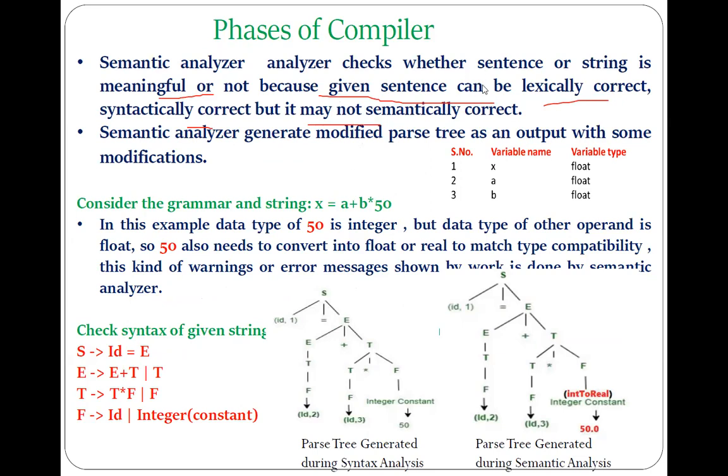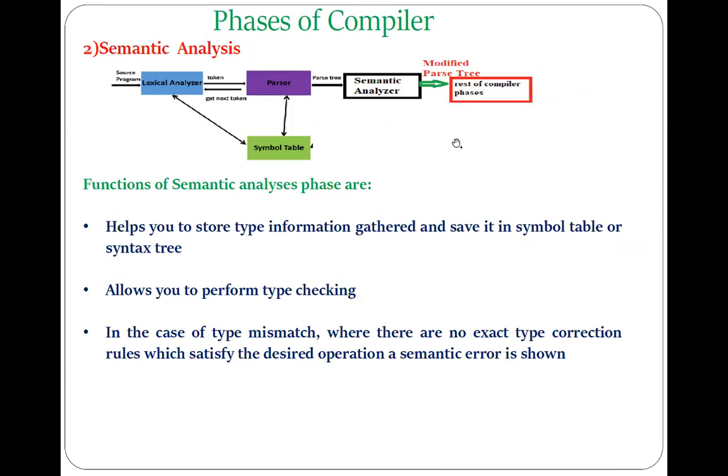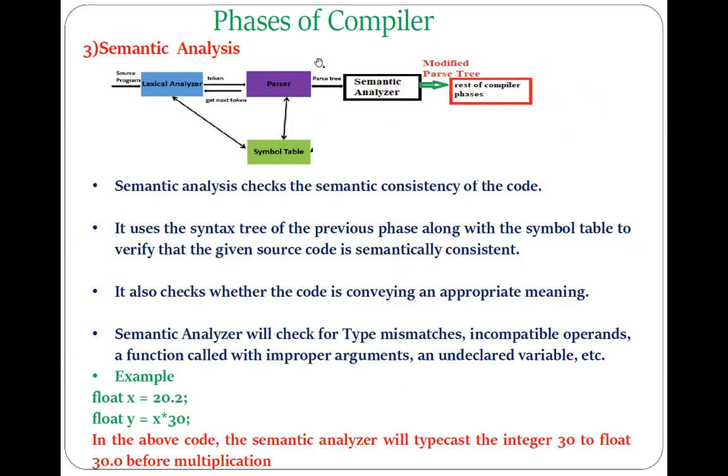This expression is lexically correct, because the lexical analyzer will generate tokens for float as a keyword, y as an identifier, the equals symbol as an operator, x as a variable, the star as a multiplication operator, and 30 as a constant.